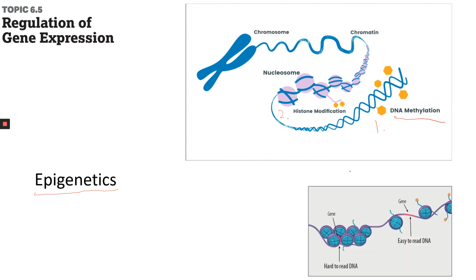Essentially, these are methyl groups, CH3s, which can bind to places on your DNA to either stop or start transcription, or they can bind to histone proteins to either compress them and make them difficult to read or make them easy to read, right?